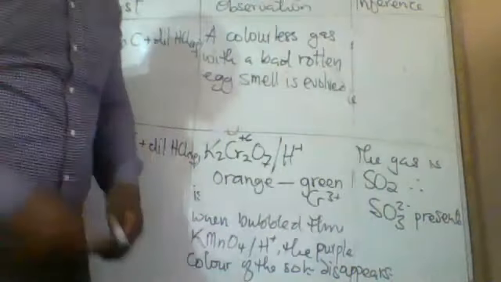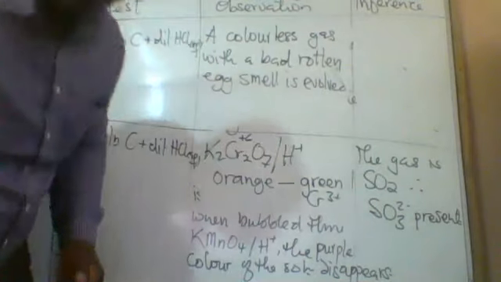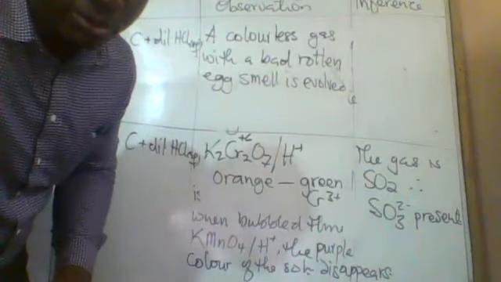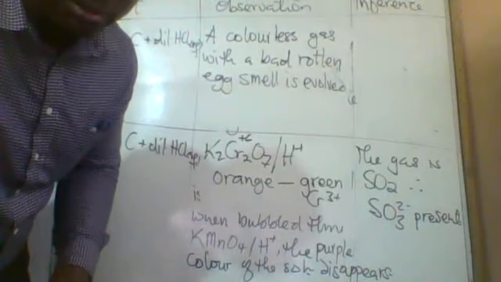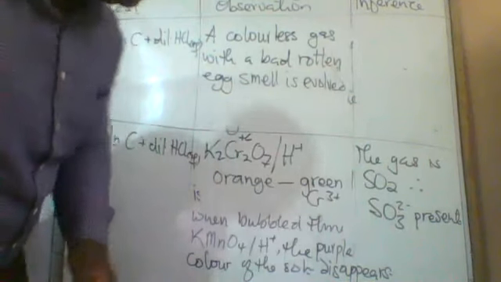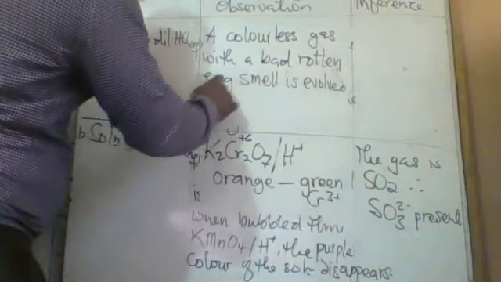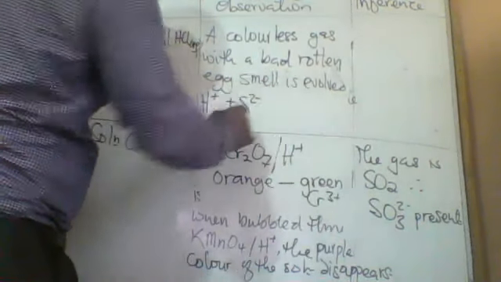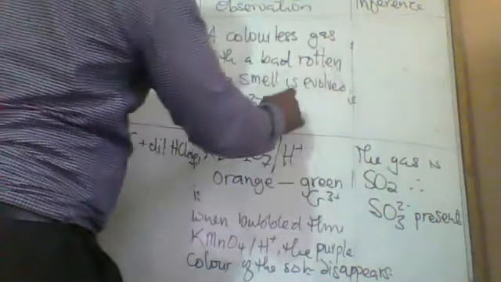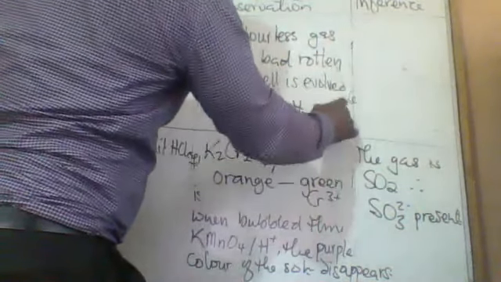Have you smelled rotten egg before? Yes. And it's a chemical reaction. That is, the hydrogen ion will combine with the sulfide in the solution to produce hydrogen sulfide, this gas.